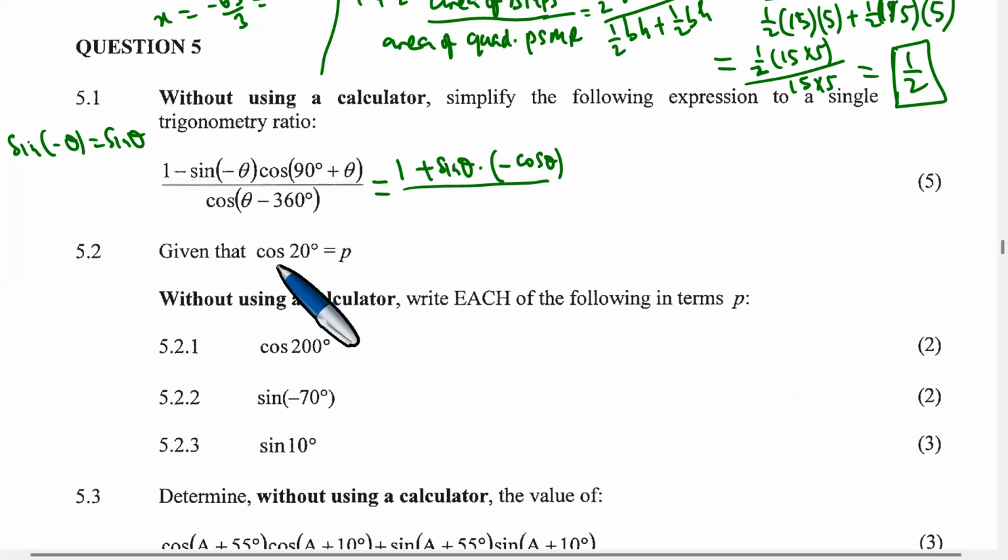In which quadrant is theta minus 360? You need to think of that. There are a couple of ways of thinking of that one. If you imagine the angle theta as an acute angle, like 20 degrees, then 20 minus 360 is going to be minus 340.